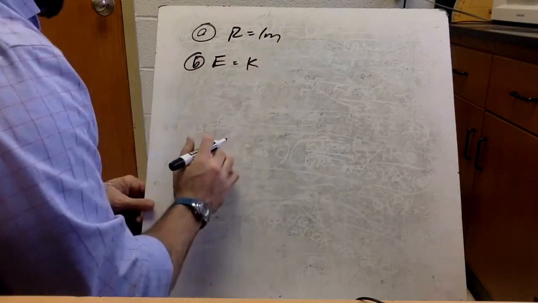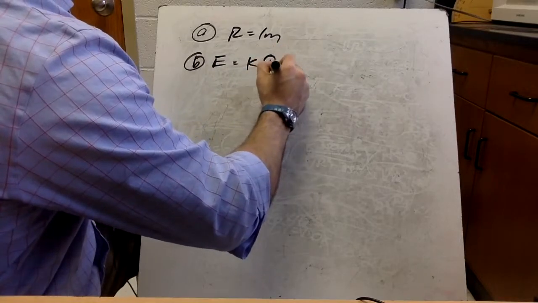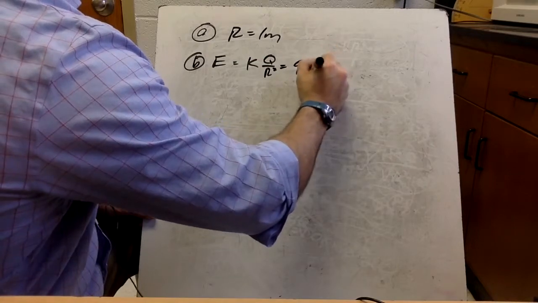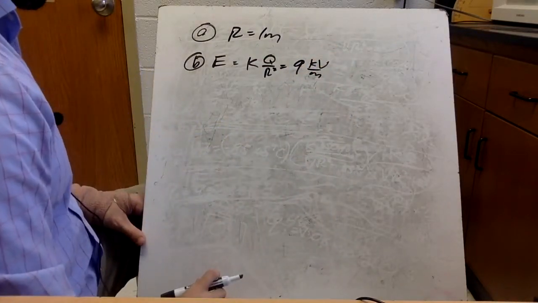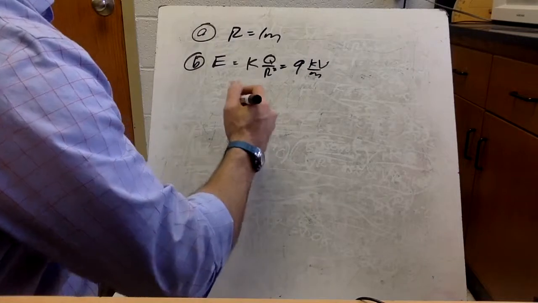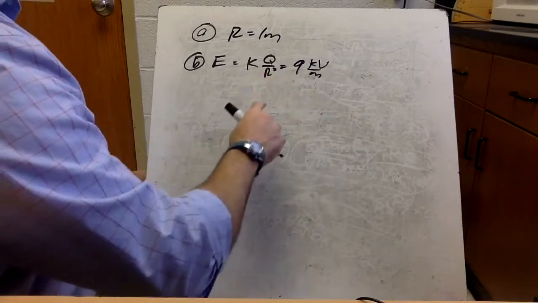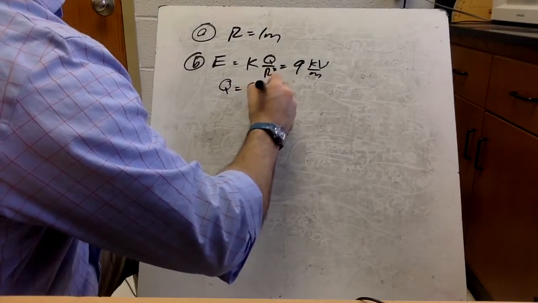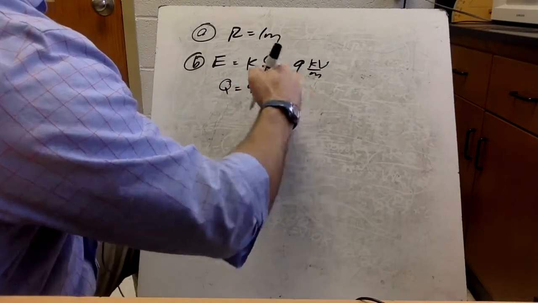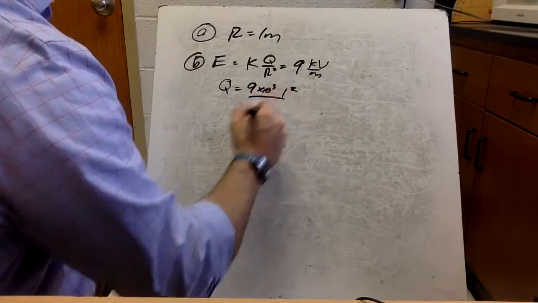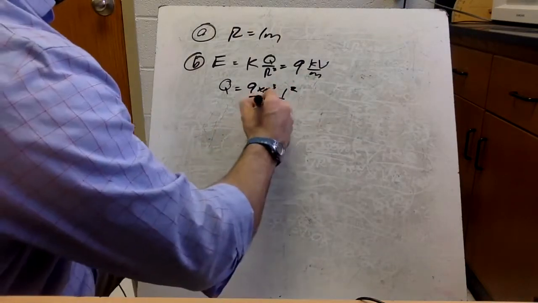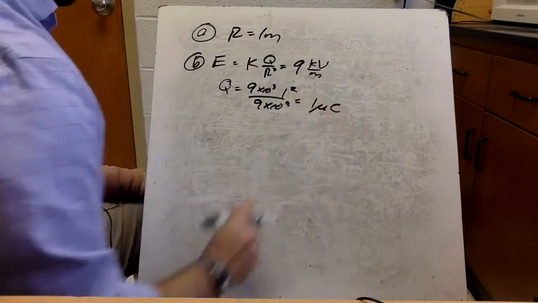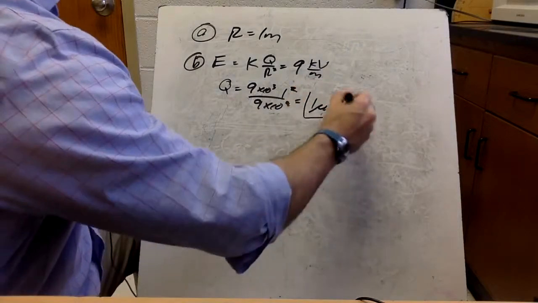And so we know that E is KQ over R squared, and we know the value of that is 9 kilovolts per meter. So we can solve: Q is 9 times 10 to the third times 1 squared, over K, which is 9 times 10 to the ninth. And so we end up with 1 microcoulomb as the charge there.